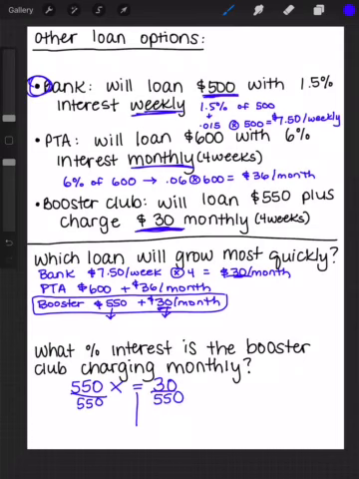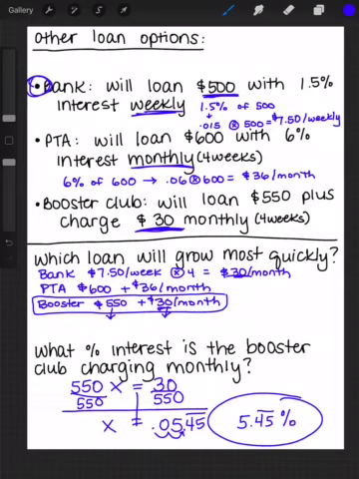So I divide both sides by 550, which is what they're giving us. x equals 30 divided by 550, and it is 0.0545, and that just keeps going, which means I move this over twice. And I have an interest rate of 5.45 repeating percent.